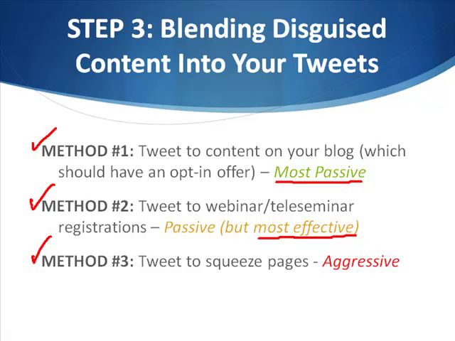But having squeeze pages that you can tweet to is going to be a great way to extract Twitter followers and get them on your opt-in list. So my recommendation, and the way that I do things, is I absolutely do tweet to squeeze pages, and I'll show you some examples of that along with all the other ones in the next set of videos.